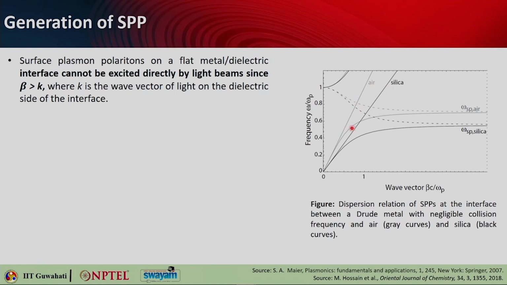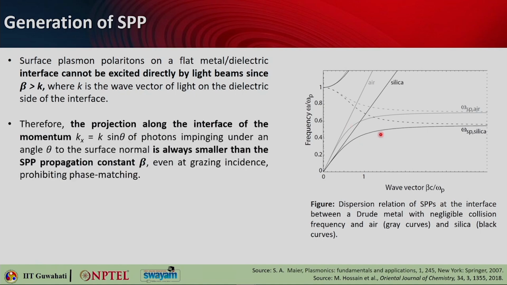For air, this is the photons and this is the dispersion relation of plasmon. At a particular frequency, the momentum of the plasmon is higher than that of photons.